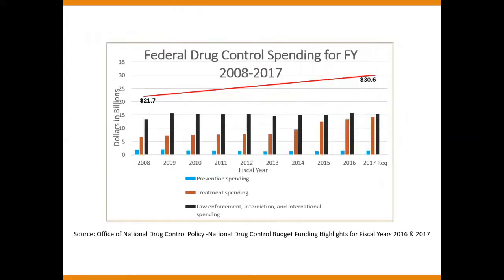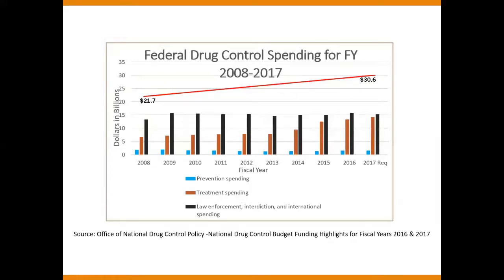And to the latter point, this is a slide that shows federal drug control spending for fiscal years 2008 to 2017. And you can see quickly where prevention lands in comparing to levels of funding for treatment and law enforcement. Prevention spending in the country is shown in the blue bar, treatment in the brown or orange bar, and law enforcement in black.